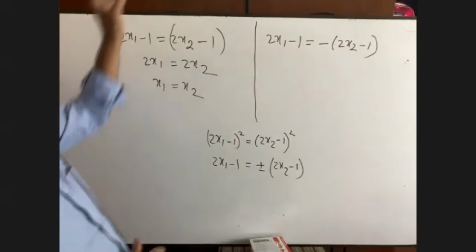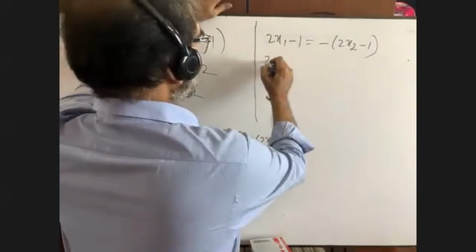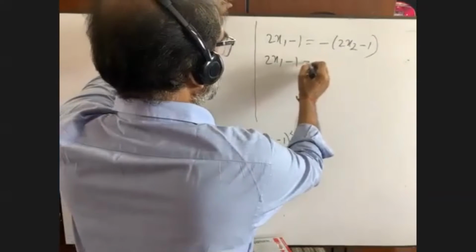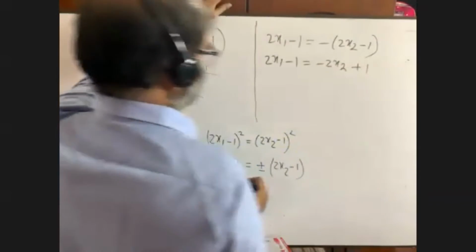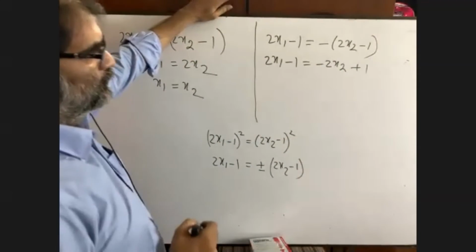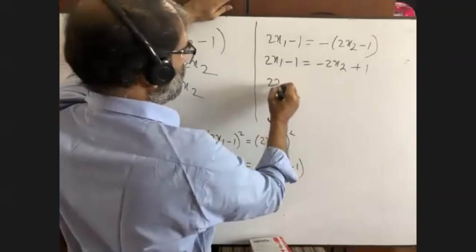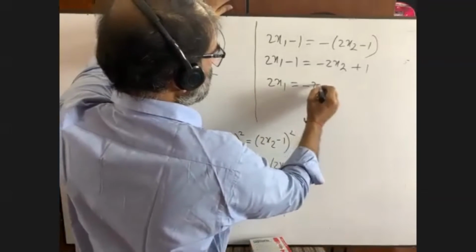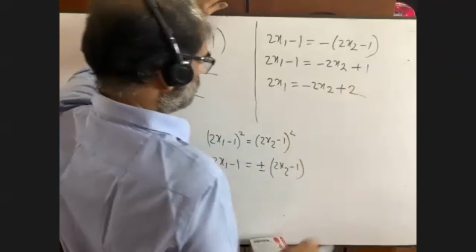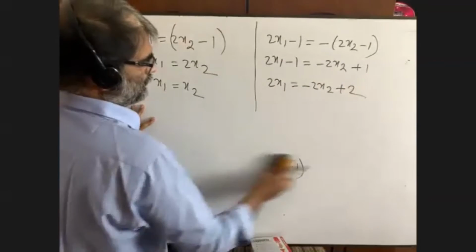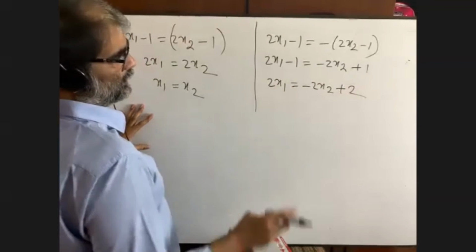Now we calculate. You see, 2x1 minus 1 equals to minus 2x2 plus 1. So we are getting here 2x1 equals to minus 2x2 plus 2. That means we can divide all by 2.